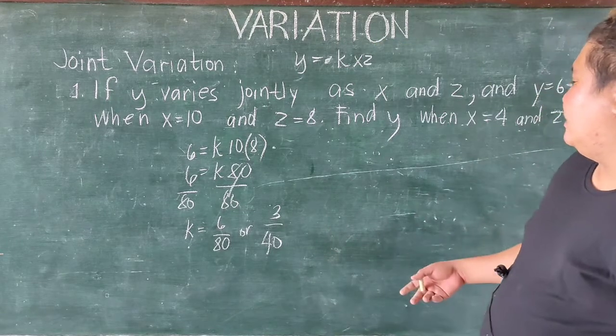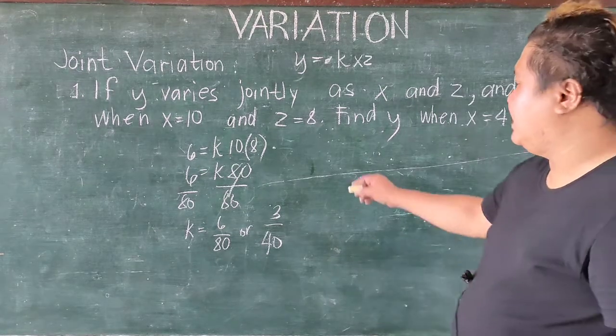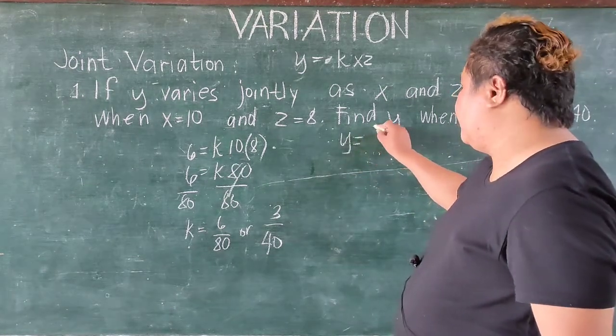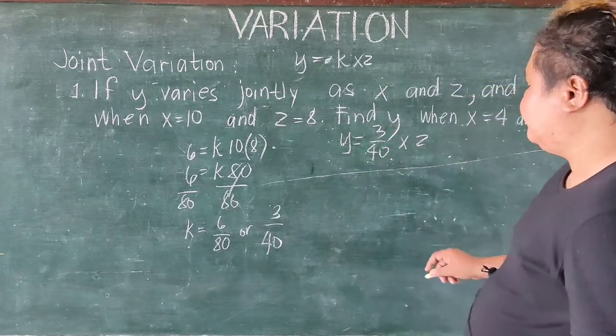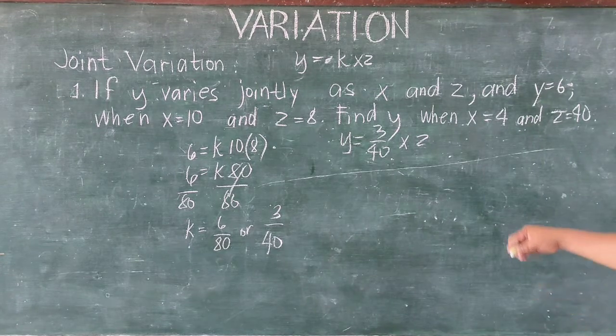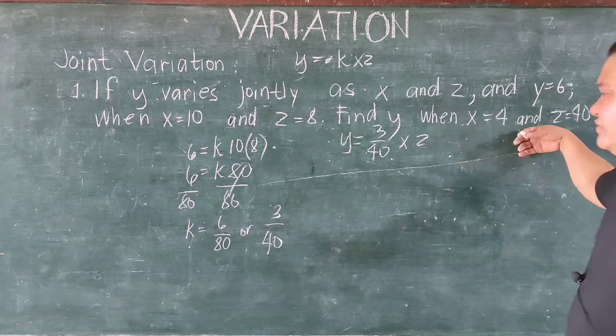And on the next sentence, it says, find y when x is 4 and z is 40. So naturally, y is equal to 3 over 40 times x times z. Just substitute the value of x and the value of z.